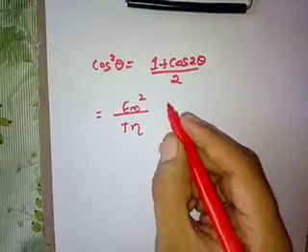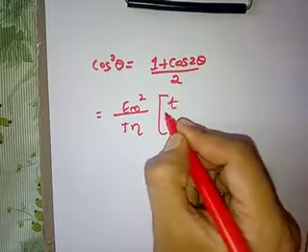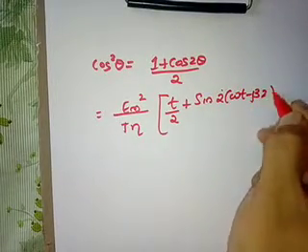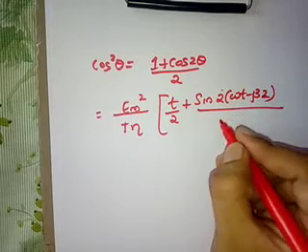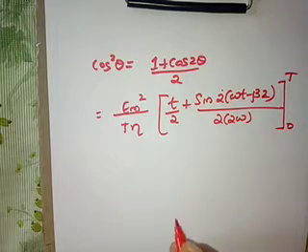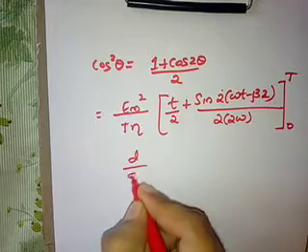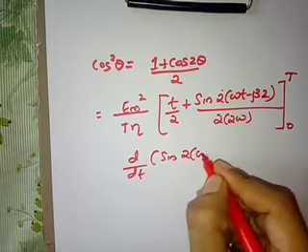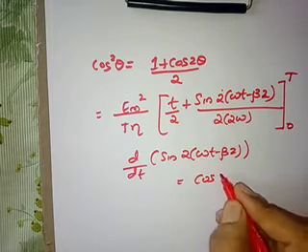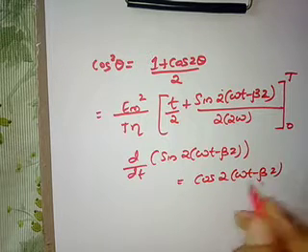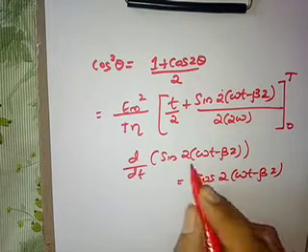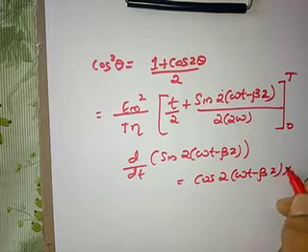If we integrate, then we get T divided by 2 plus sine of 2 omega t minus beta z divided by 2 into 2 omega, over the limits 0 to T. Because differentiation of sine 2 theta is cos 2 theta, then differentiation of the inside term, 2 omega t minus beta z, will be 2 omega.